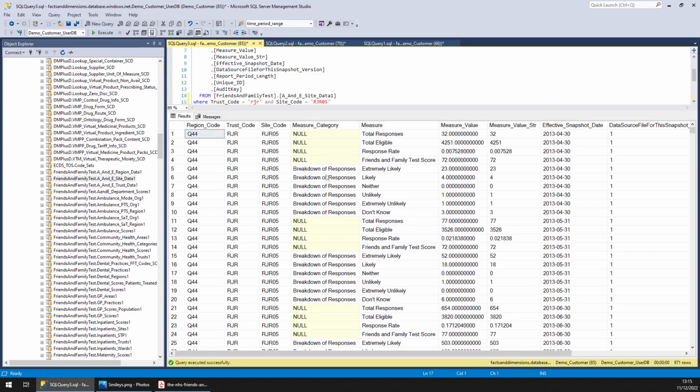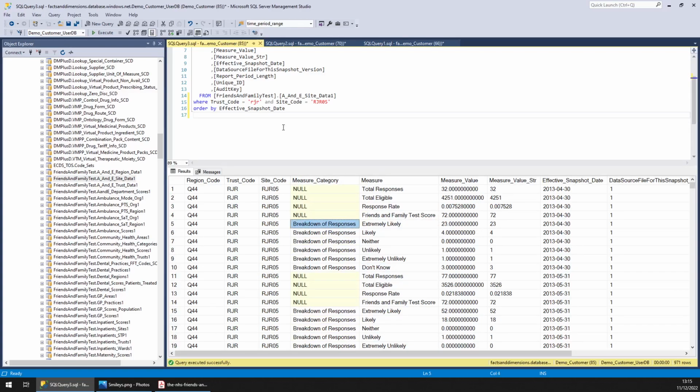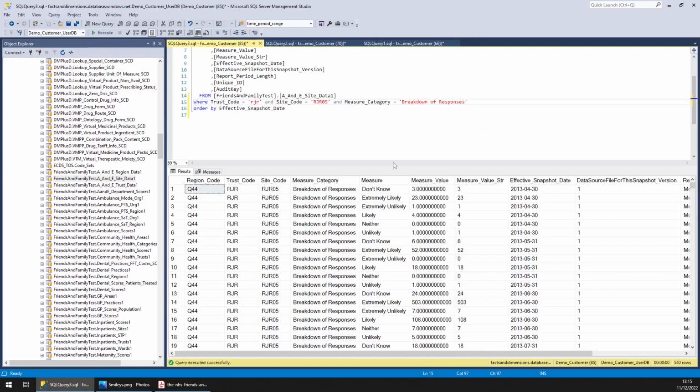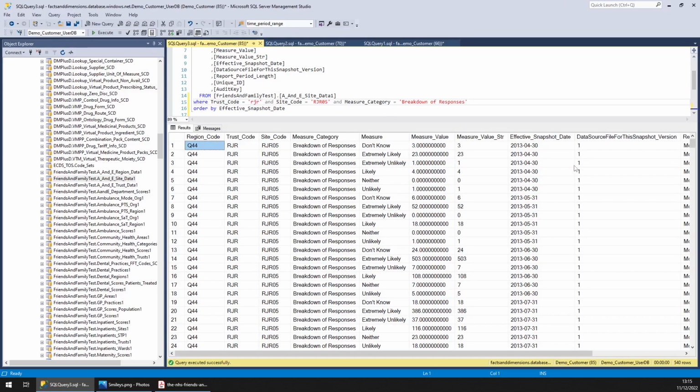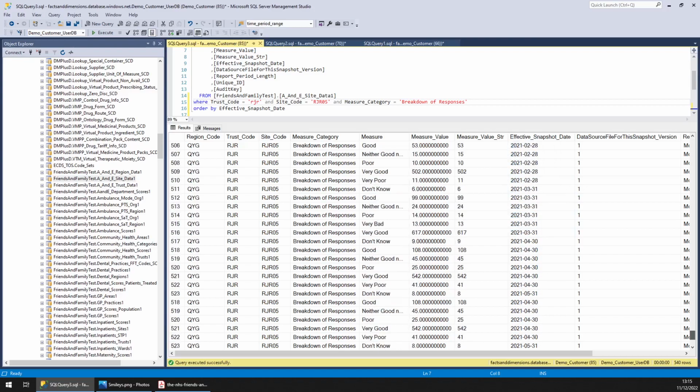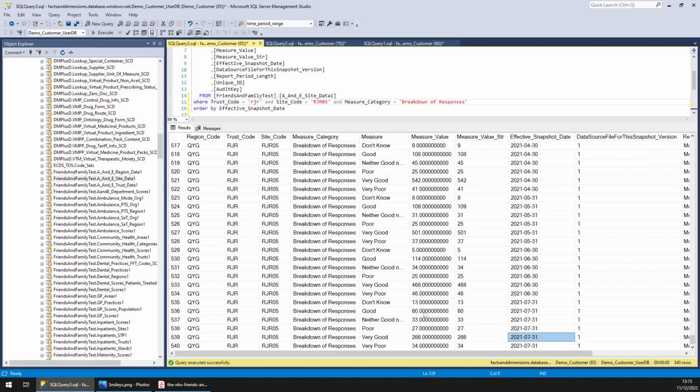So here we have breakdowns of responses, other stats here too, but these are the ones I'm most interested in. So I'm going to return breakdown of response as well. So you've got by month. So there's April 2013, then May 2013, and so on, all the way to July 21.